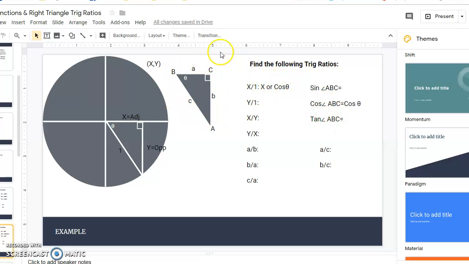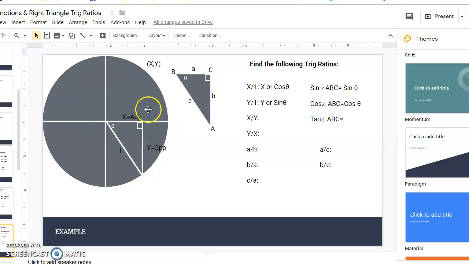We are also solving for this triangle right here. So cosine of angle ABC would be cosine also, just because you solved for it already over here, we can just put it over here. Again, something over 1 is that. So y over 1 would be y, or sine. And again, we can just write it right here.